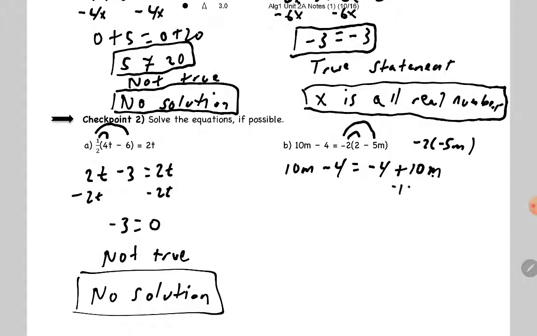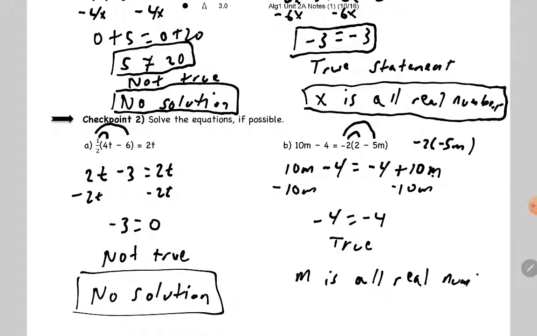So I'm going to subtract 10m from both sides. And I'll get negative 4 equals negative 4. So this is true. So m is all real numbers.